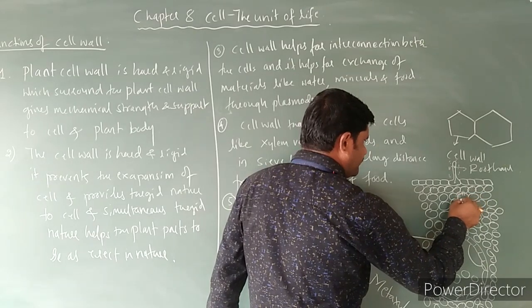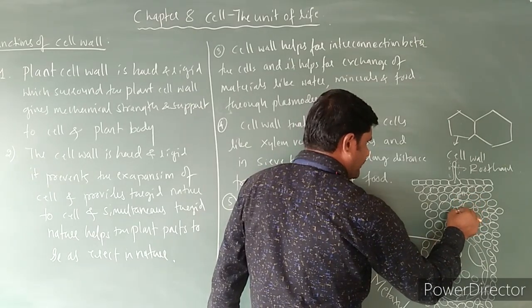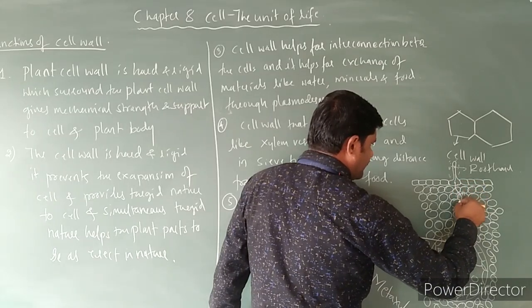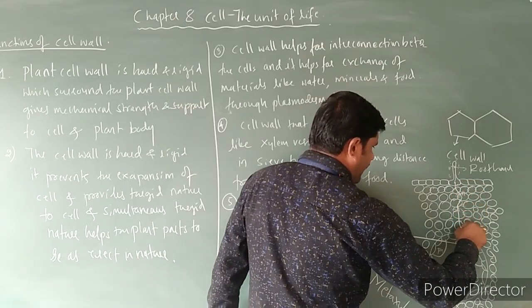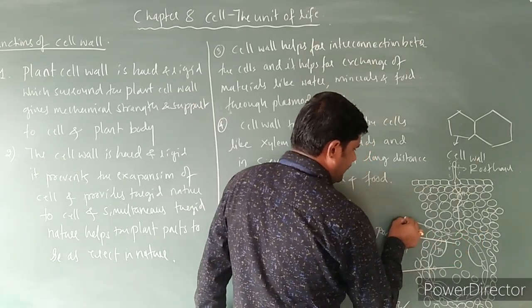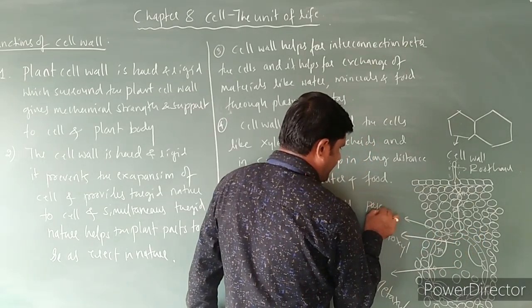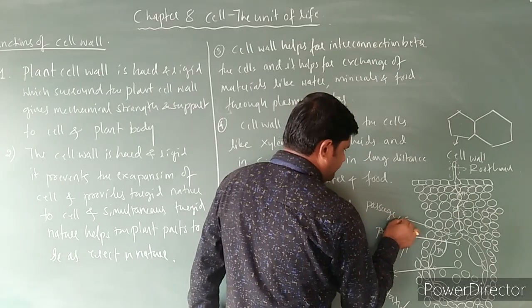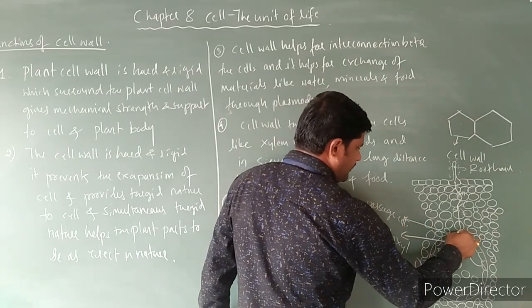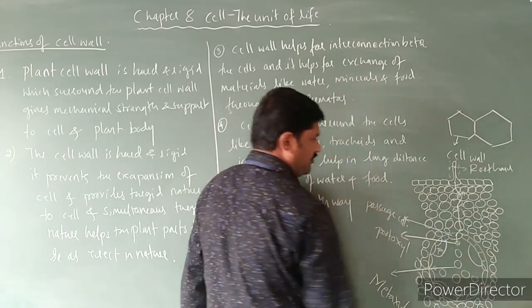So these are all plasmodesmata what we come across over here, and you will find this water enters through the plasmodesmata and reaches the passage cell. This is the cell called the passage cell, right? Through the passage cell it enters into the protoxylem.